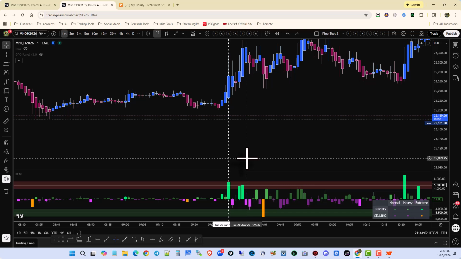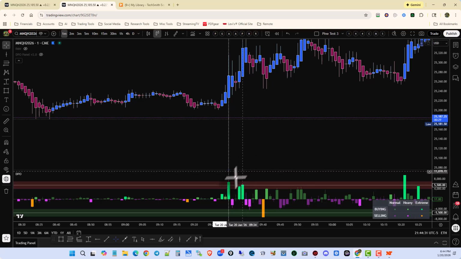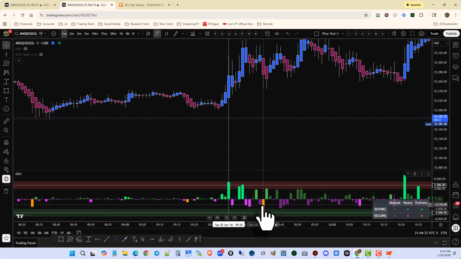If you have the right indicator, you can take a snapshot of that delta and look at that and say, okay, well, the delta reading on here is XYZ, right? And in our case, the extreme delta on a 1 minute chart should be around 2500 delta. Now on TradingView, that's not going to be accurate, right? But all we're looking for is a number that shows when we can get in and take advantage of that extreme data. All right, the opposite would be true with the orange bar going down.